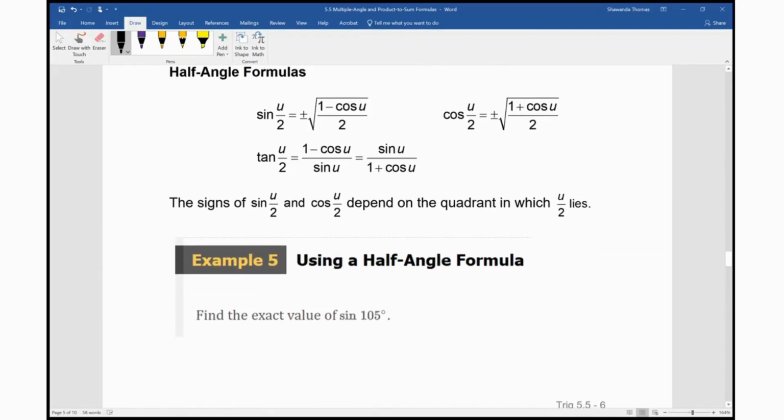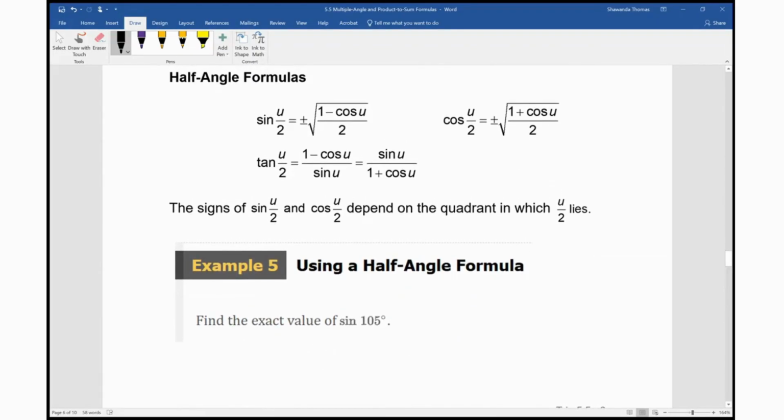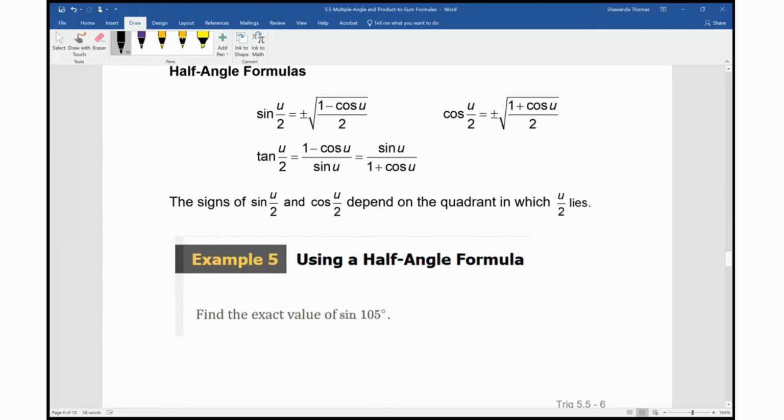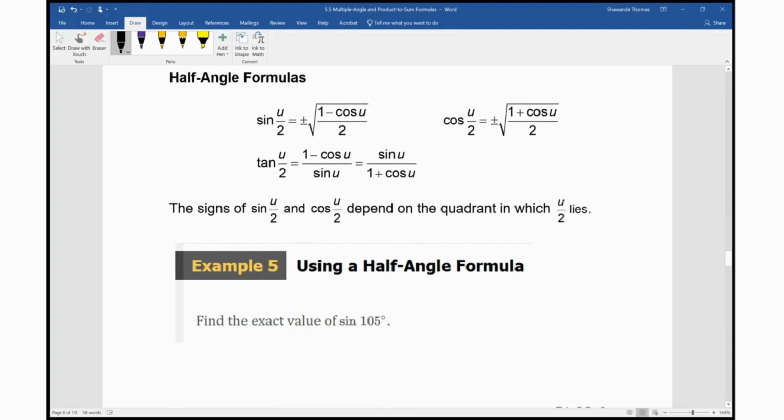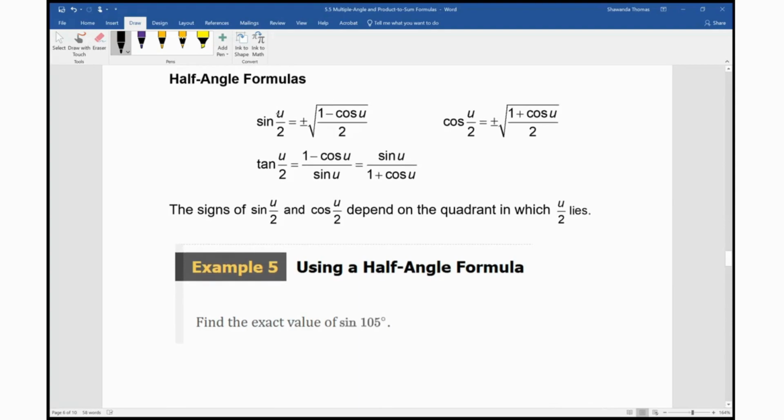Let me show you one way you could use the half angle formulas. For example, this is obviously not the only way to find the exact value of sine of 105. There are plenty of ways we've done this. But if you wanted to use a half angle formula, meaning it's some u over 2, so we got sine of u over 2, what we could do is let u over 2 equals 105 just to figure out what the u is to plug into the formula.